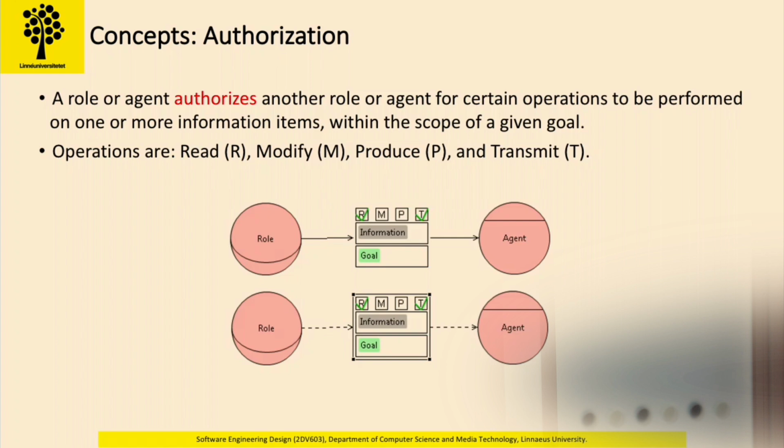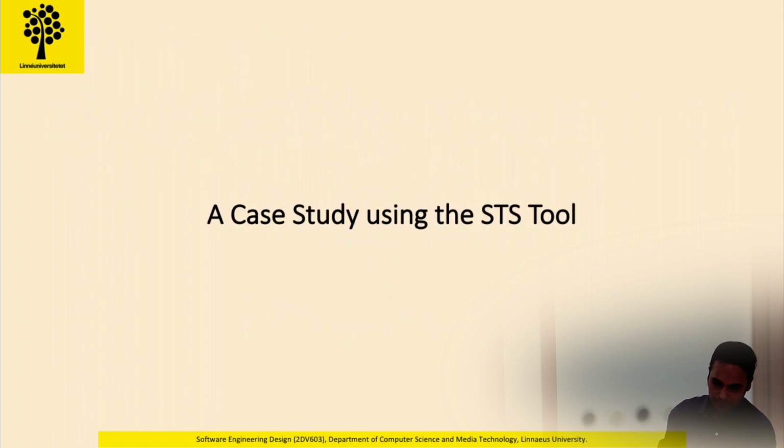That's why we have the read, modify, produce, or transmit notation. If we tick it, that means this person is authorized to read this information, or to transmit this information. But sometimes we can also cross it, which explicitly says that this person can read the information but cannot modify it. I don't have that example here, but you can also have a cross instead of a tick.